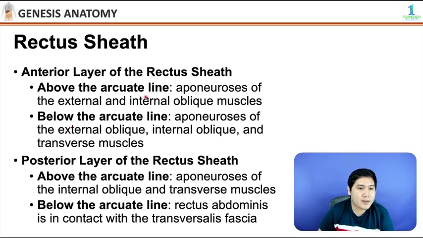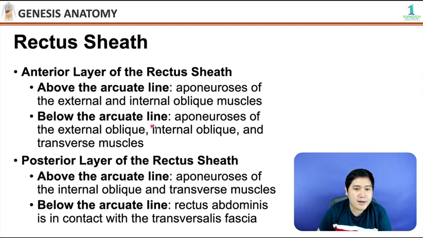Above the arcuate line, anteriorly, you have the external and internal oblique muscle aponeurosis. And posteriorly, you have the internal oblique and transverse muscle. So, nag-split yung internal oblique to cover the anterior and posterior surfaces. Anterior and posterior layers.